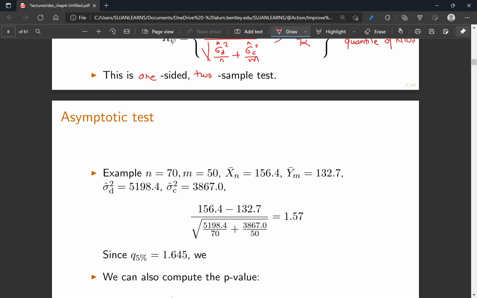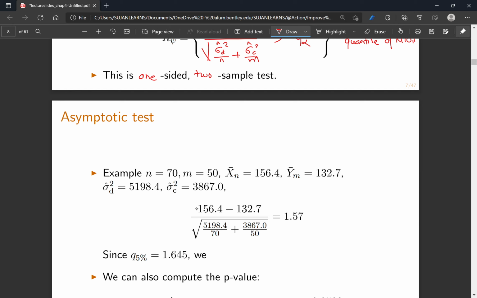The control population is M, which is 50, and the test population is N, which is 70. 70 are people to whom we are giving the drug, and M is the number of people to whom we are giving the placebo.